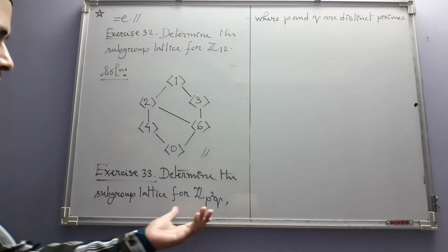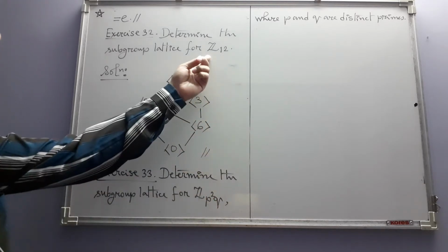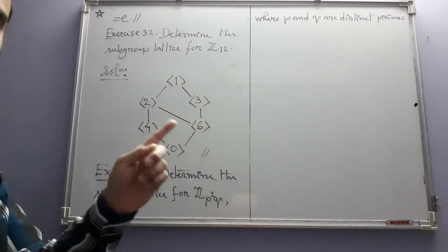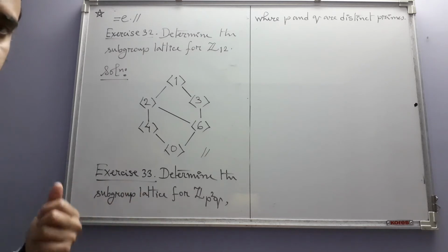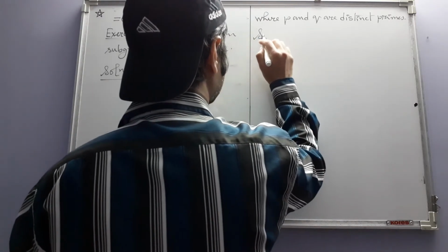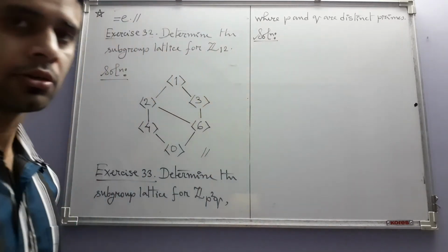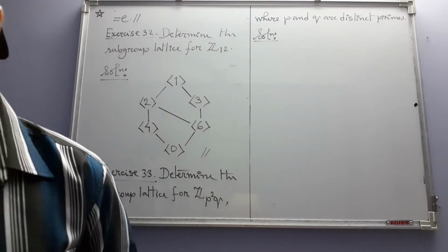You can see that it's a more general version. It's a generalization of this one, because 12 is 2 square times 3, where 2 and 3 are distinct primes. So here also we can write the solution correspondingly and similarly.